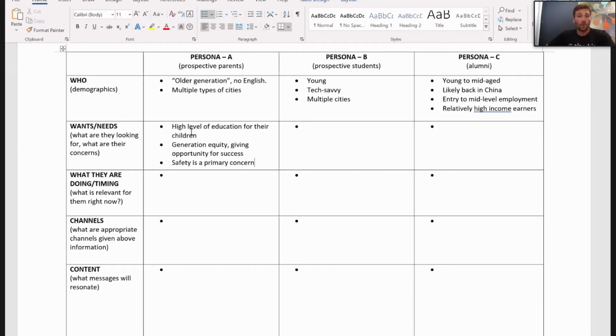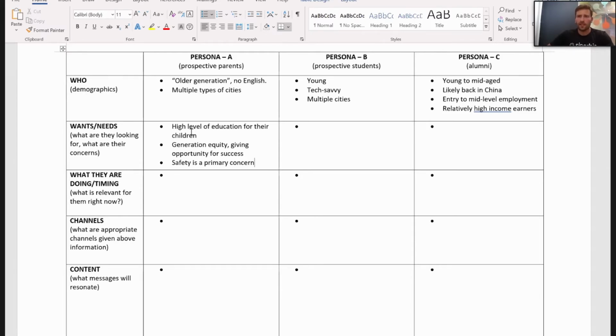Now, of course, if this is the only message the parents are hearing, this is what they're likely to understand and perceive as a potential threat, real or otherwise. So I guess it's really important here to make sure that you are another voice in the consideration set that can offset any particularly damaging or just simply incorrect assumptions coming from the parents. So safety is a primary concern.